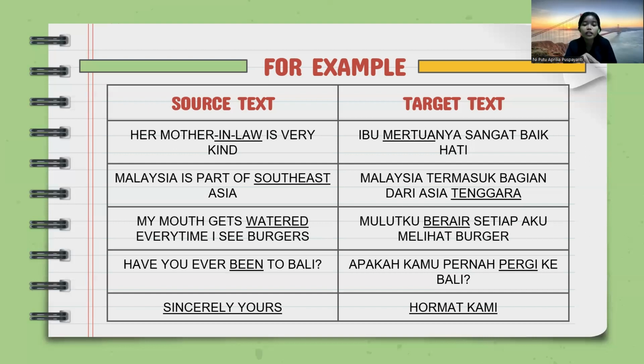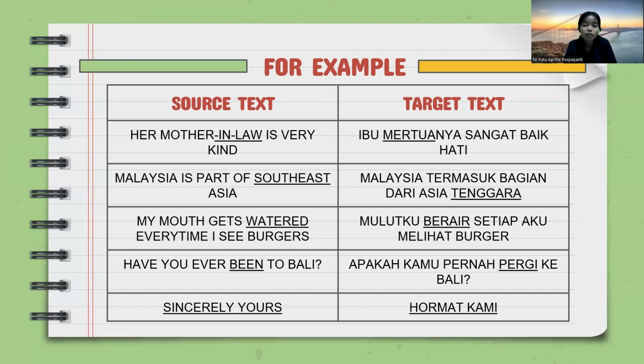As you can see on number 3, the underlined word is watered. If we translate it in bahasa Indonesia, watered means berair. But actually, the target text for number 3 is mulutku ngiler setiap aku melihat burger. So the meaning will be the same, but we use a different phrase.